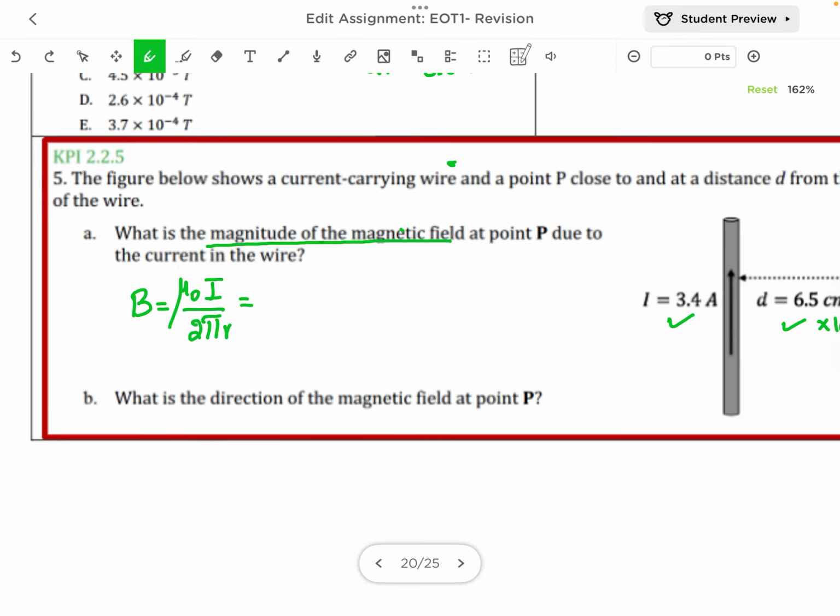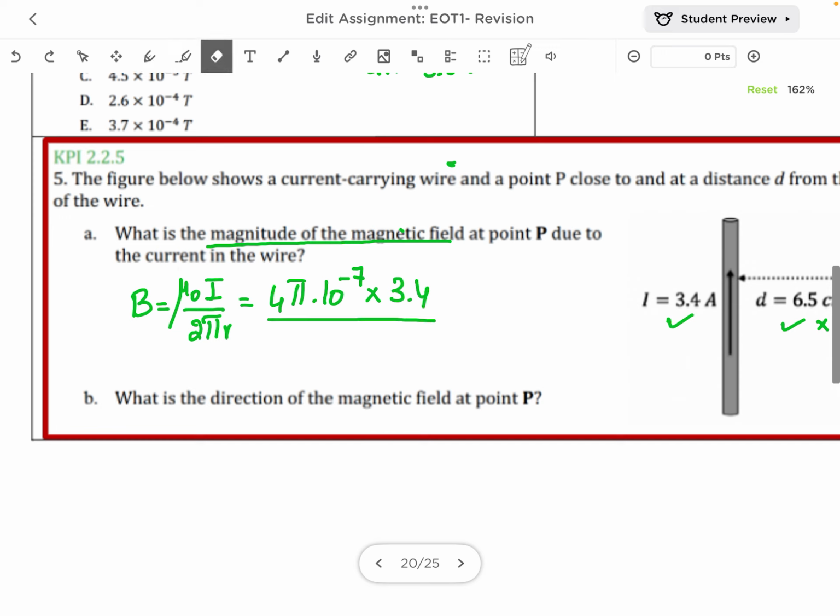So it is 4 pi 10 to the power of negative 7 by 3.4 divided by 2 pi multiplied by 6.5 10 to the power of negative 2. The answer is 1.05 10 to the power of negative 5. The unit of the magnetic field is Tesla.